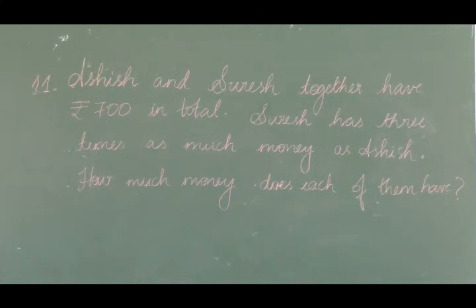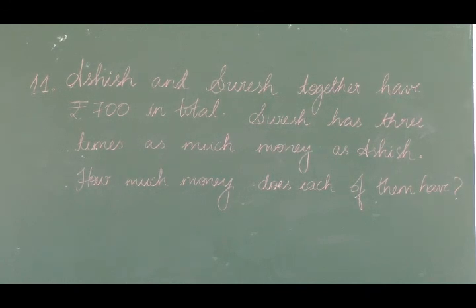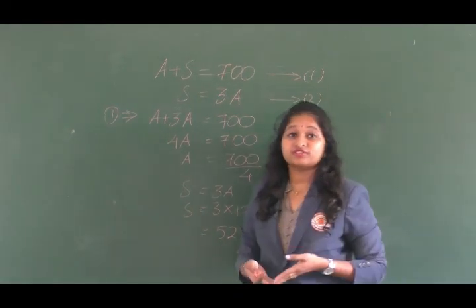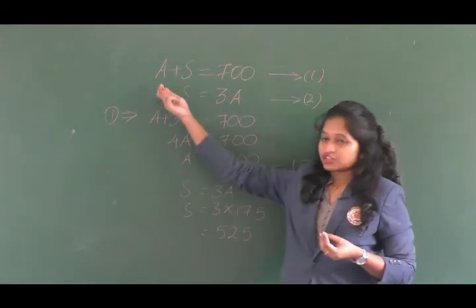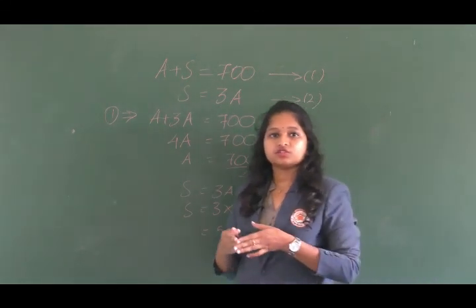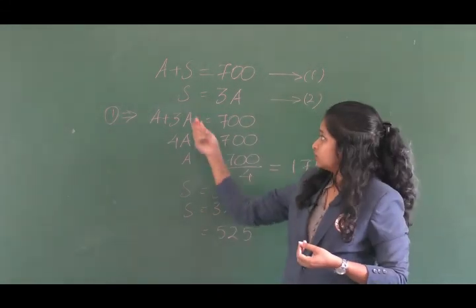Ashish and Suresh together have rupees 700 in total. Suresh has 3 times as much money as Ashish. How much money does each of them have? So children, what is given? Ashish and Suresh have rupees 700 in total. And what else is given?